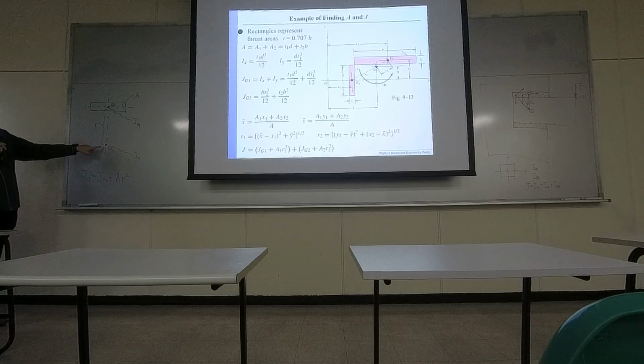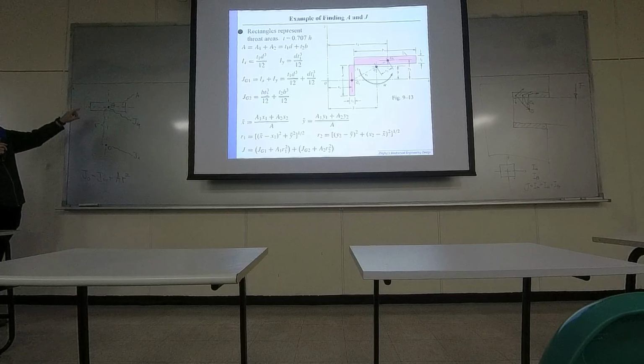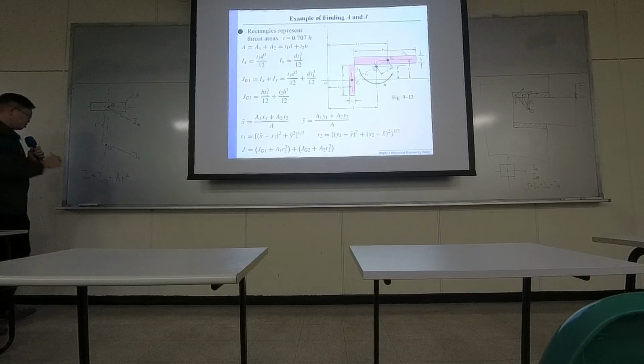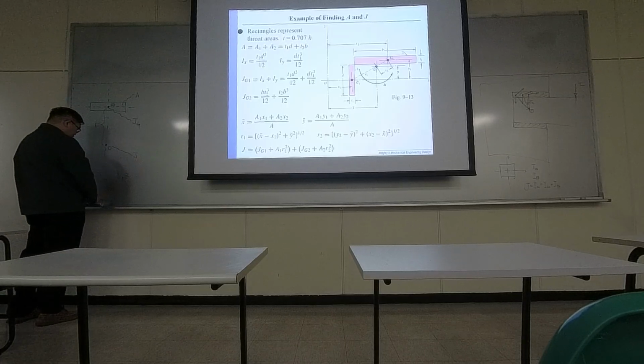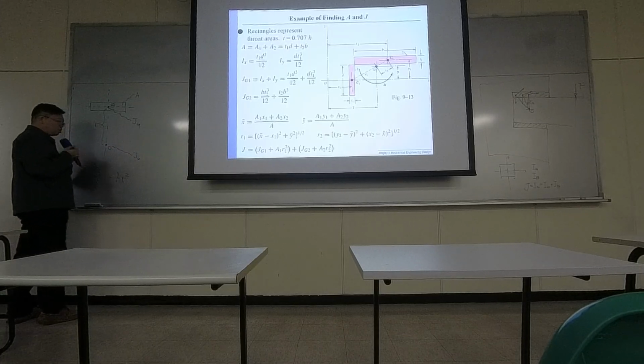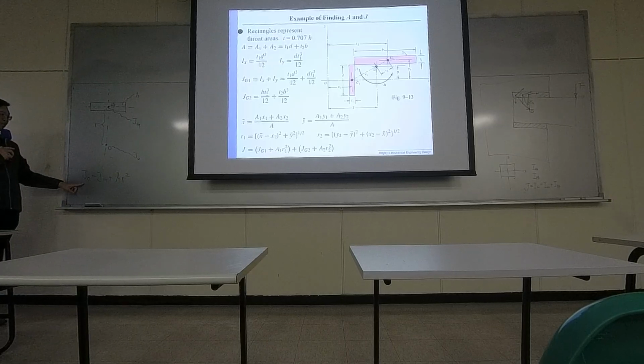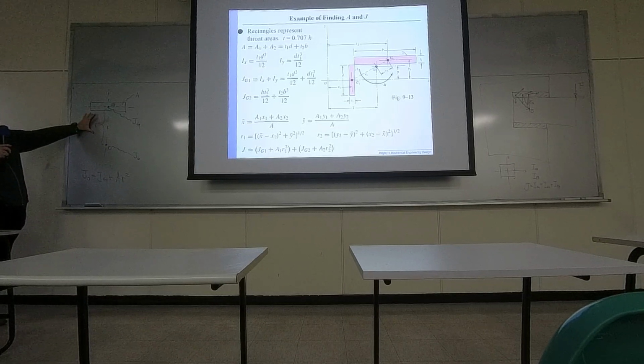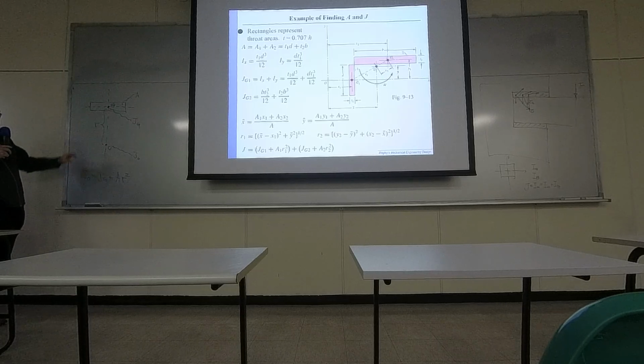So what would be the area moment of inertia of this particular shape about a new center? Then this J0 can be computed by JG plus the size of the area times the radius squared. Okay, so J0 equals JG plus A R squared.